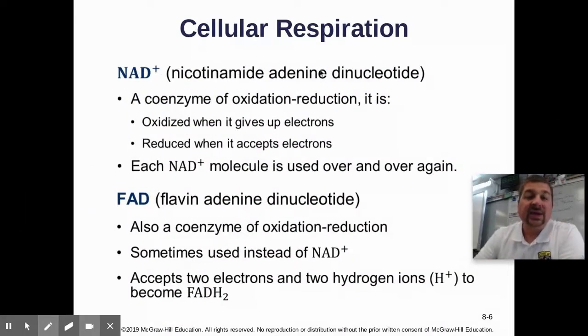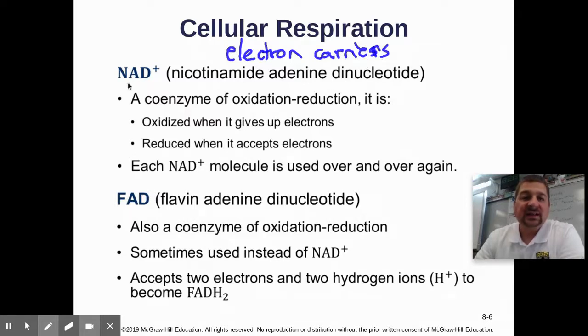Again, the two coenzymes, the electron carriers, electron shuttles that we will talk about, is NAD+, which is nicotinamide adenine dinucleotide. So NAD+. It's a coenzyme. It helps with oxidation reduction. It's oxidized when it gives up electrons, and then it'll be reduced.